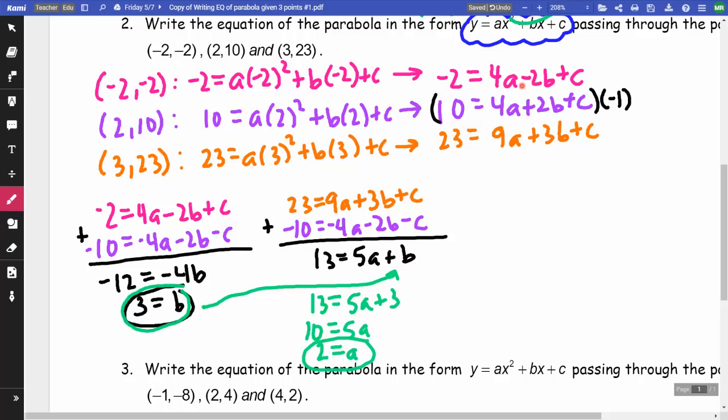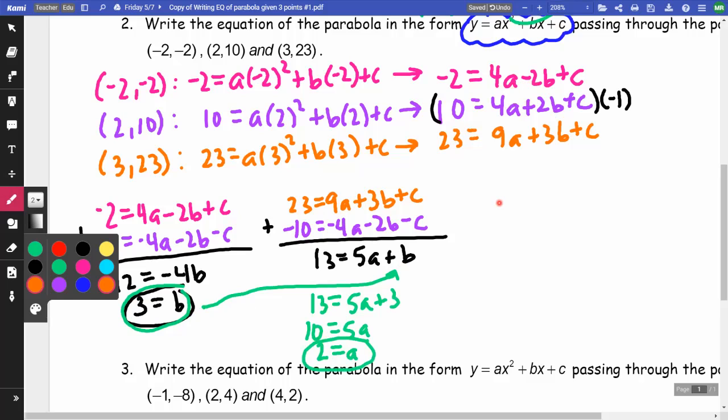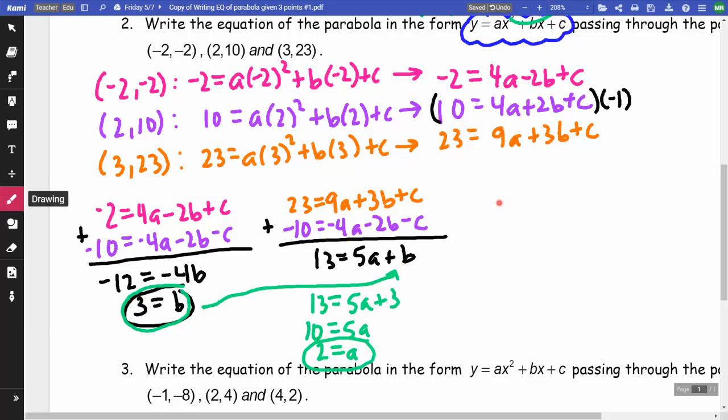So I can either do it into this pink one, this purple one, or this orange one. We did it into the top one here. So I will do it into the top one. It doesn't matter which one. So if I'm going to substitute this into my pink one, I get -2 is equal to 4 times my a, which is 2.